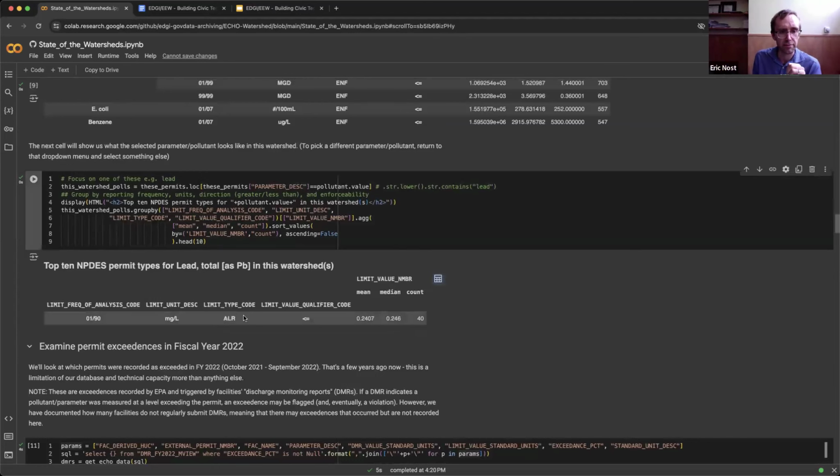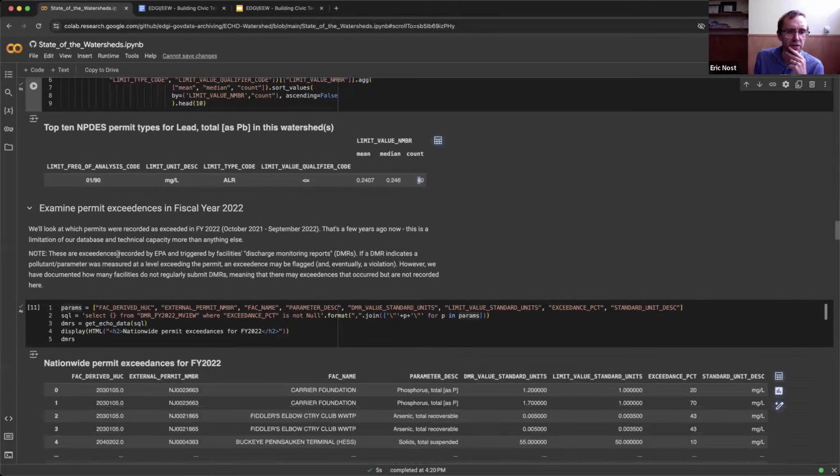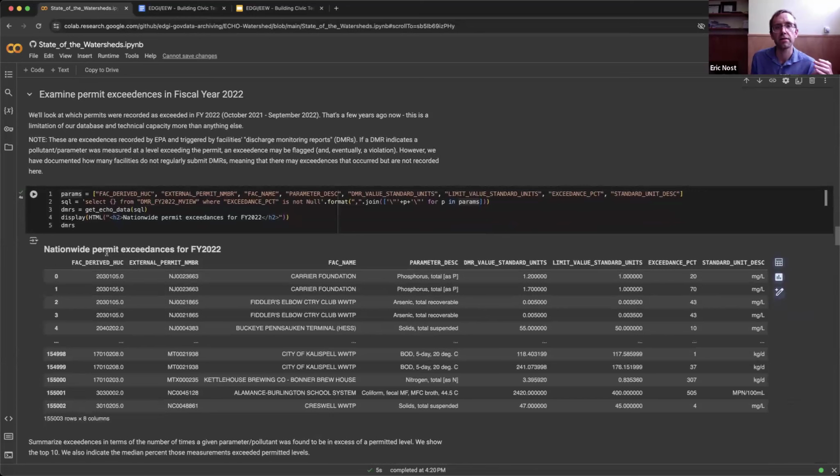For lead in particular, we don't have any enforceable permits in that watershed around lead, but we do have about 40 or so facilities that do have to report on it. So EPA keeps track of facilities' reported exceedances. So when facilities make these reports every week or every other week or whatever it is, they automatically look at whether that value reported by the facility is in excess of what the permit is.